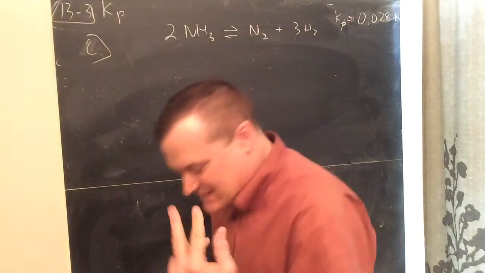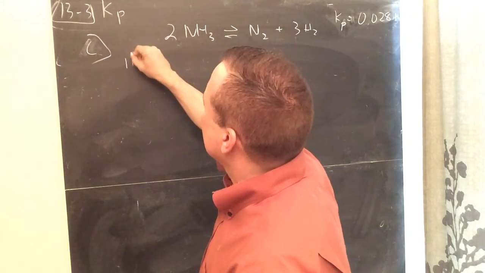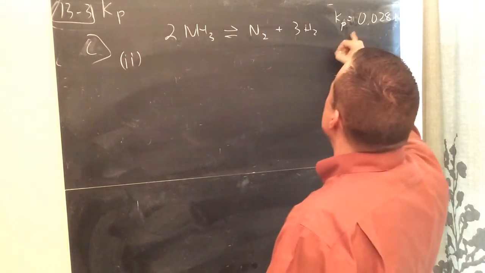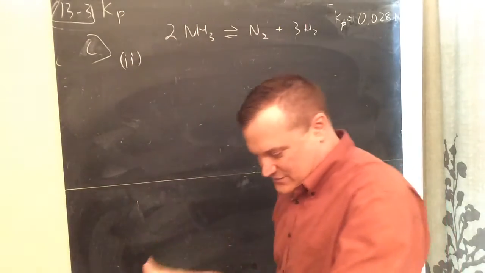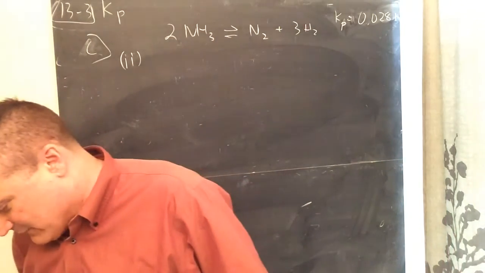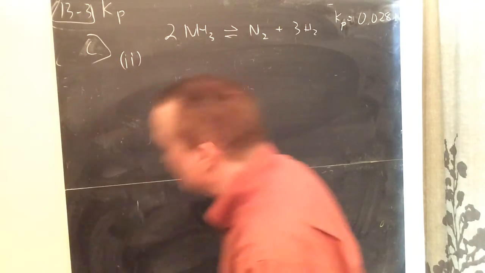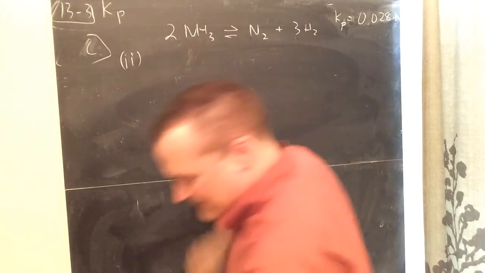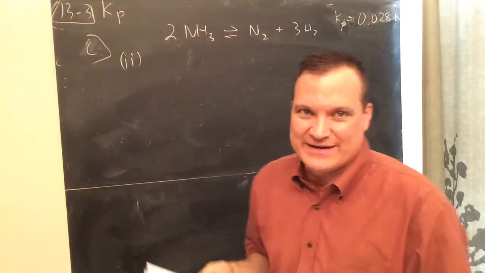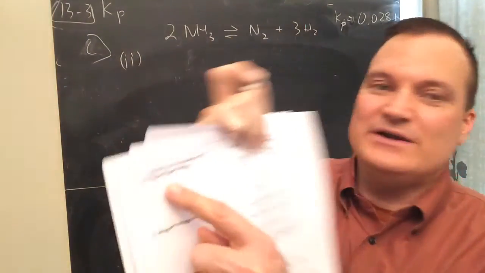So on part C 2, here's the reaction. Here's the Kp value. They don't want the Kc anymore because they're asking for Kp. Calculate Kp for the following reactions. First, what if we have N2 plus 3H2 gives you 2NH3? I'll just look up here. So on the first one, what did we do?